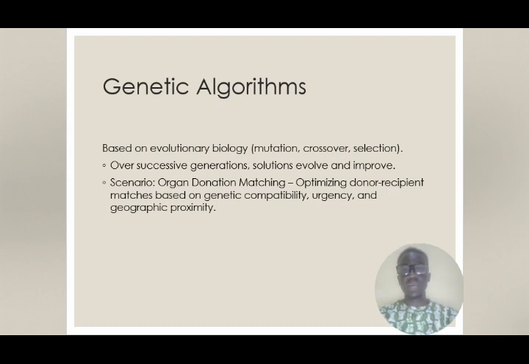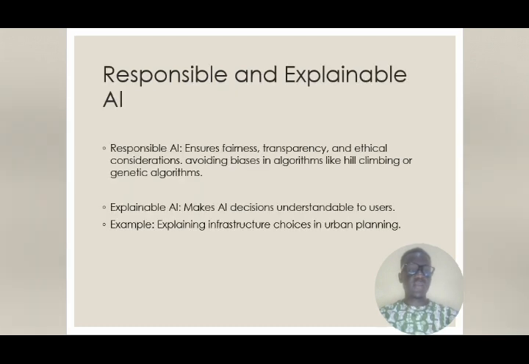urgency, and geographical proximity. We also have to talk about responsible and explainable artificial intelligence. Responsible AI ensures fairness, transparency, and ethical considerations, avoiding biases in algorithms like hill climbing or genetic algorithms.